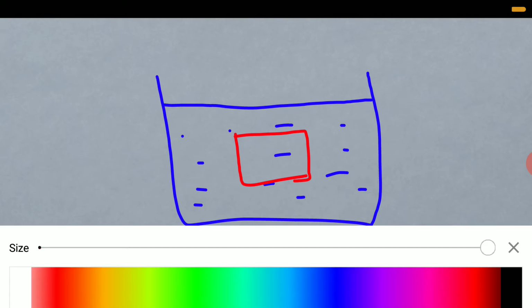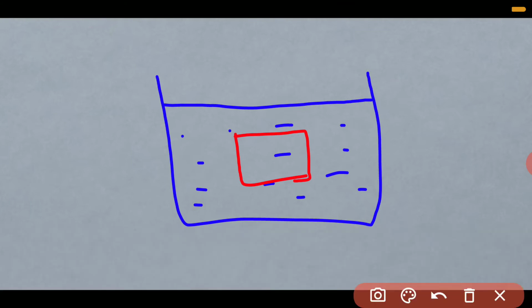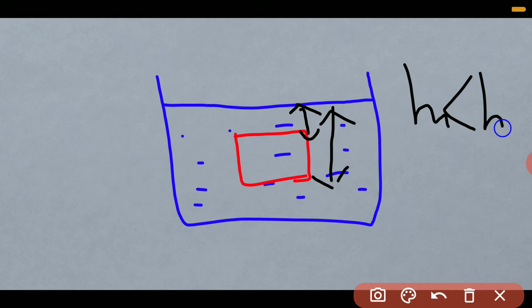The water above this top surface and the water above this bottom surface is not same. Let us consider this height as H1 and this as H2. H1 is less than H2, so obviously the bottom of the object will experience more pressure compared to the upper surface.